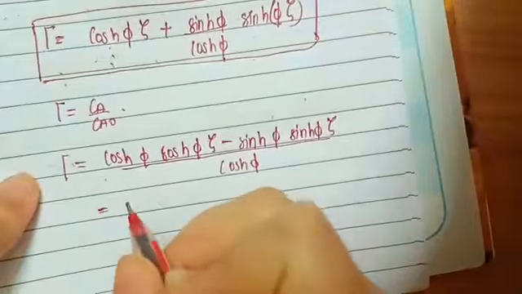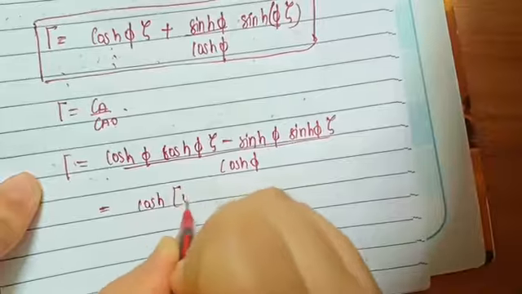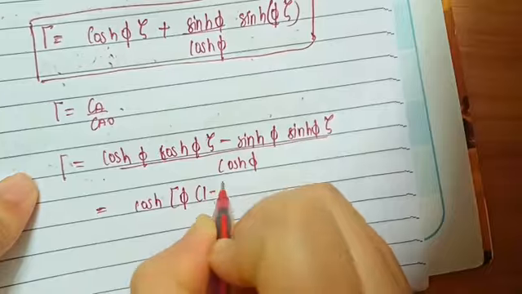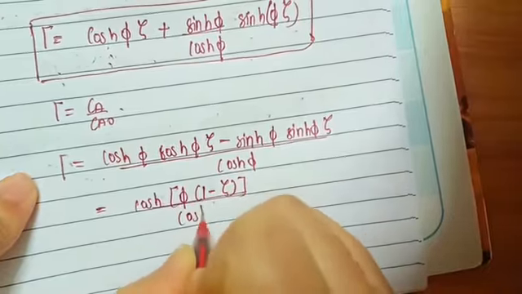It can be further simplified to cosh phi (1 minus zeta) upon cosh phi.